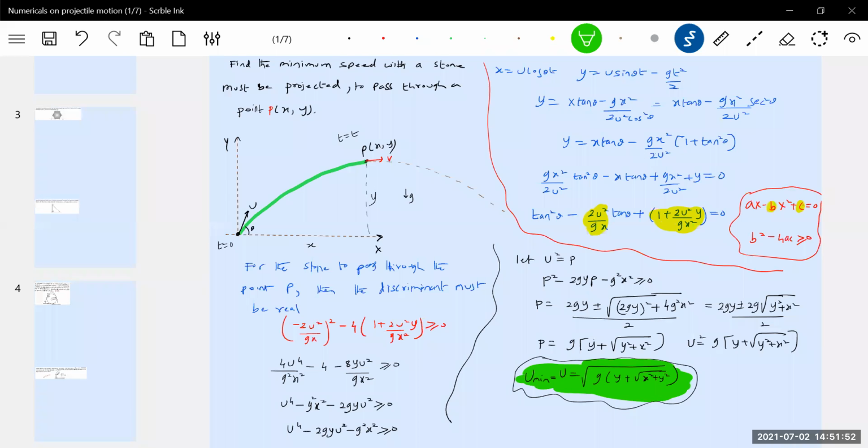If I project with a speed more than u minimum, will it pass through point P? Yes, very much. If I project with a speed less than u minimum, then it will not pass through point P. I think these are very important in projectile motion. Of course, we should have done this in the beginning, but you would get scared of so much math. That's why we are bringing it part-wise.